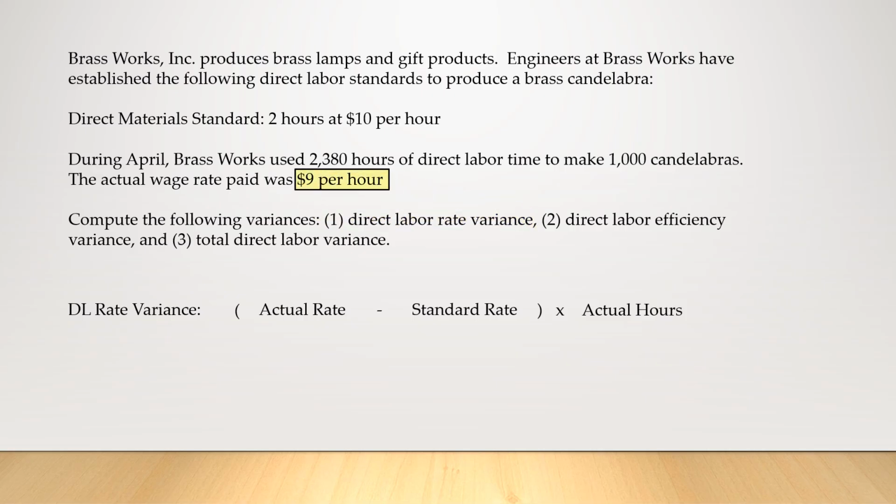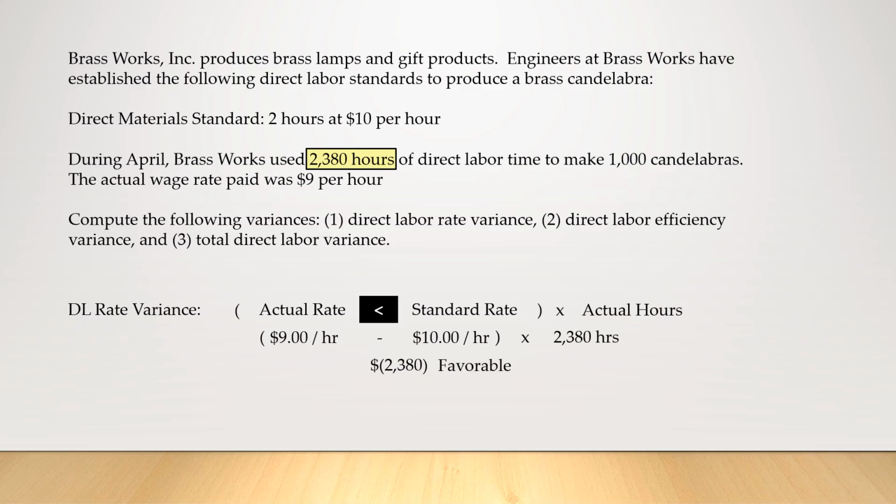The actual rate is $9 per hour. The standard rate is $10 per hour. Actual labor hours are 2,380, giving a rate variance of $2,380. Favorable because the actual rate paid is less than the standard.